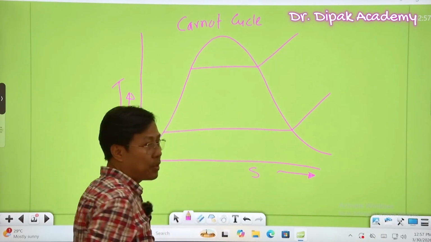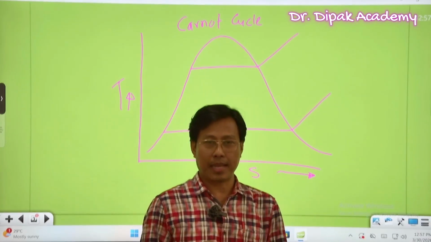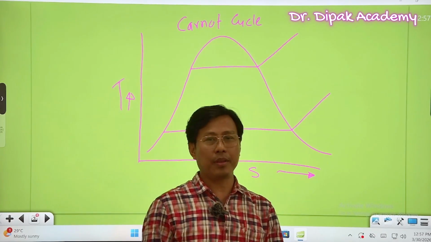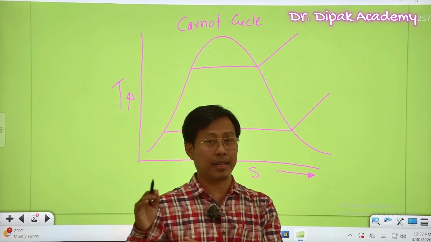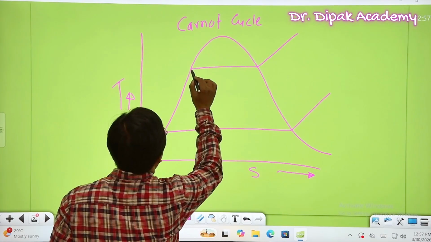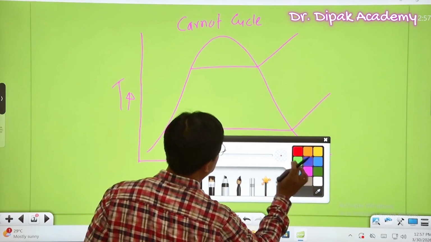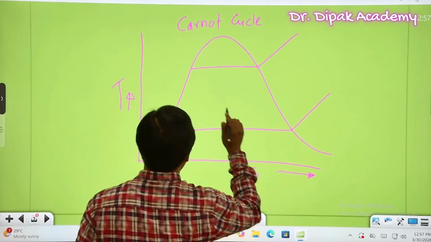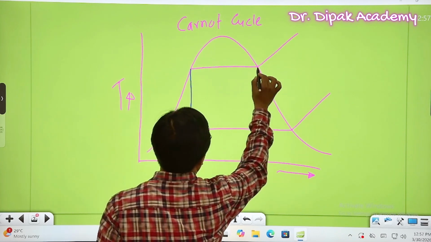As we know, the Carnot cycle is the ideal cycle from where we have the fundamentals of the Rankine cycle and other important cycles. In this Carnot cycle we get 4 processes.